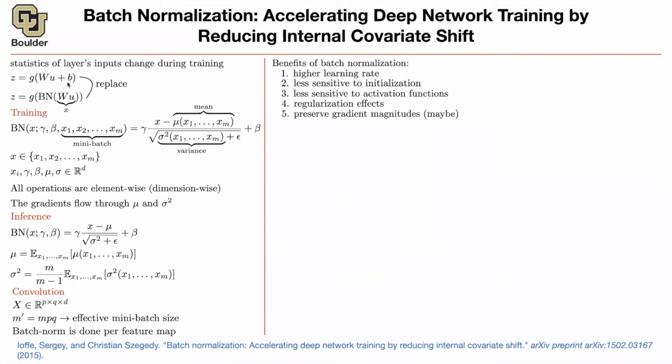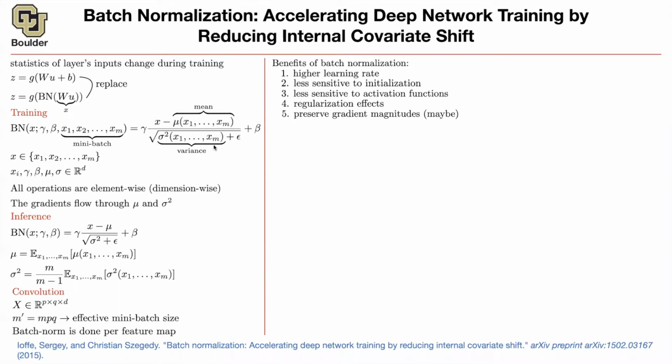And in the next topic, I will talk about how to properly initialize your neural networks. But for now, batch normalization is going to make things less sensitive to initialization. Because whatever your initialization is, you are subtracting the mean and the variance. So your data are going to be nice.